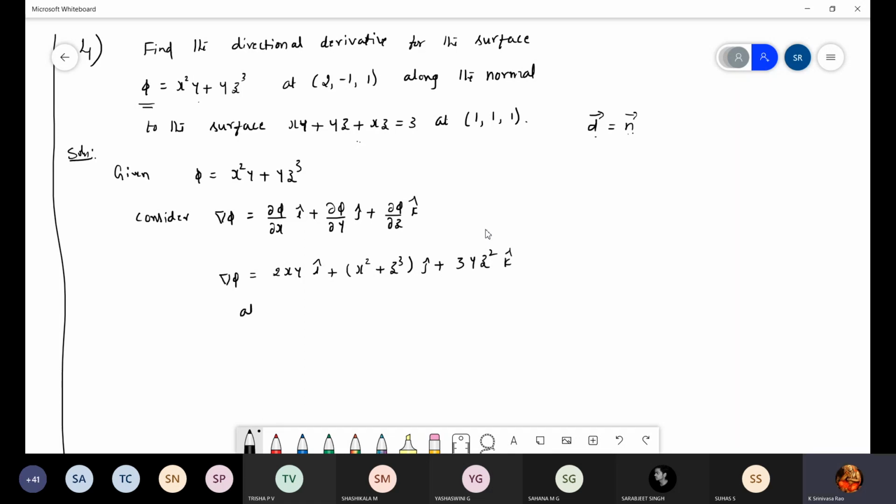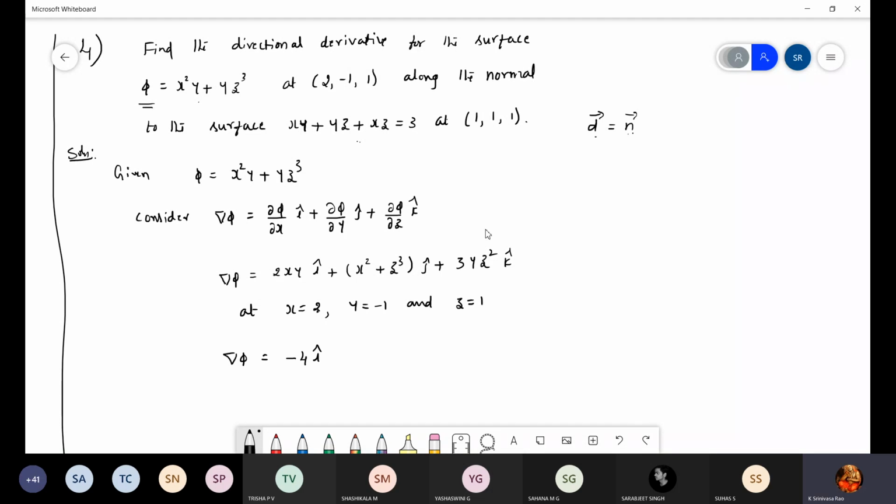The point is given: x equals 2, y equals -1, and z equals 1. So grad phi equals 2 twos are 4 with -1, -4 i cap.